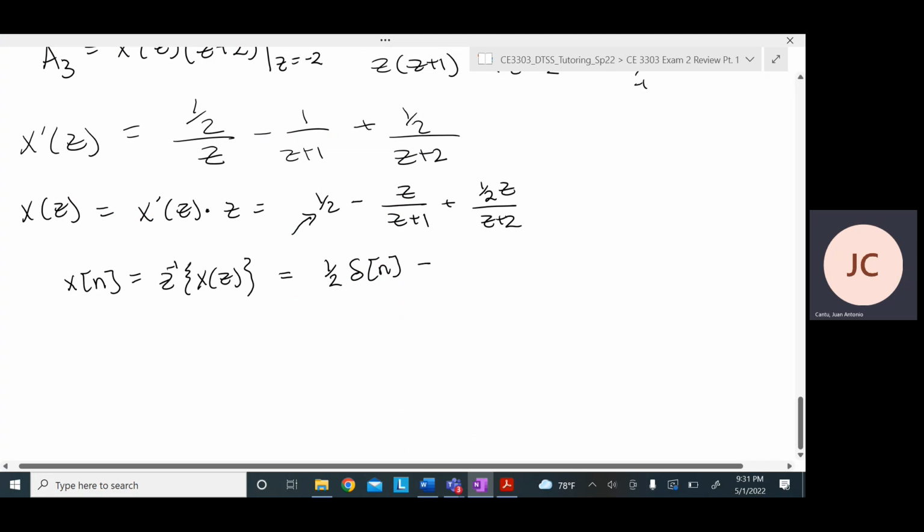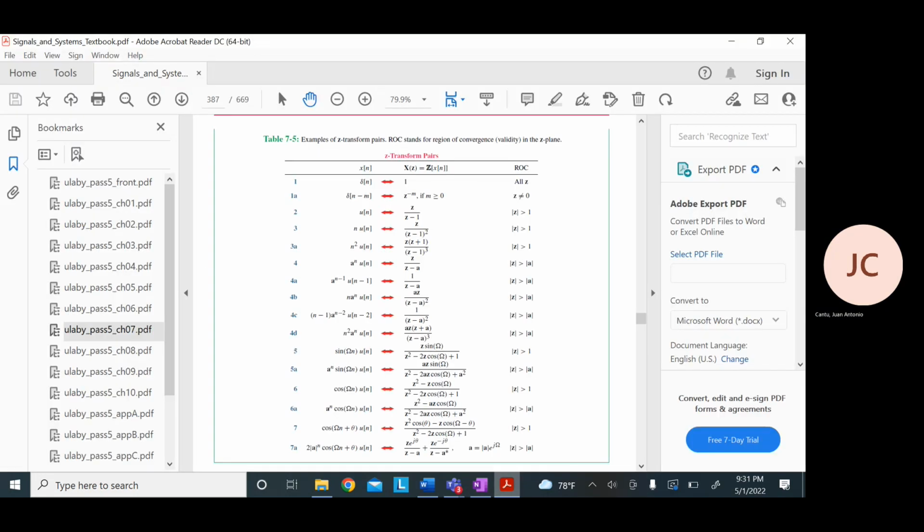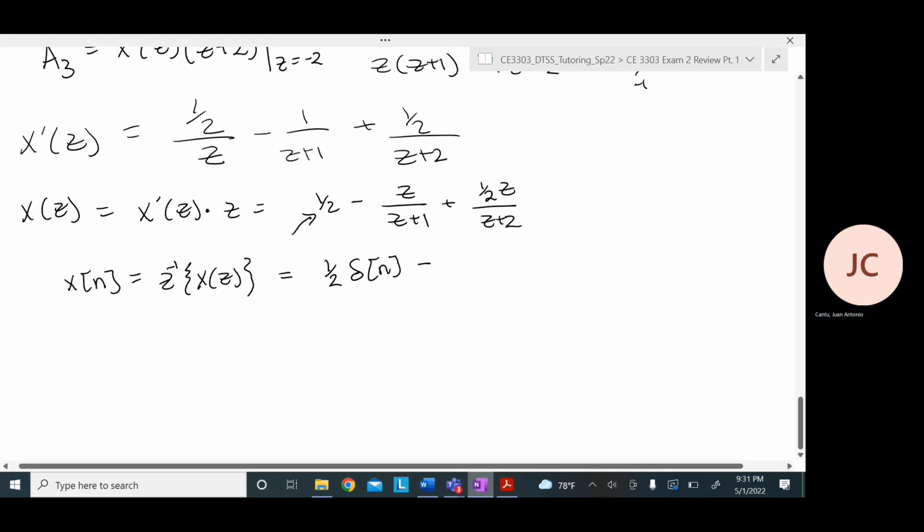Minus z over z plus 1. If we look at our table, z over z minus a. So we can say our a is -1. So we'll have our time domain function (-1) to the n u of n. So we'll have minus (-1) to the n u of n. Okay.